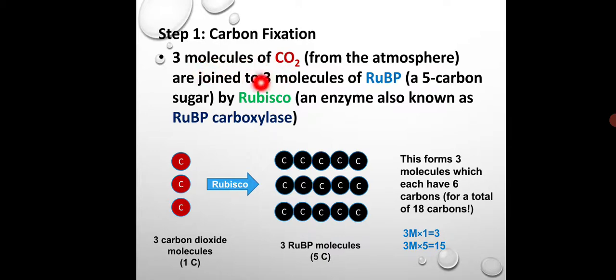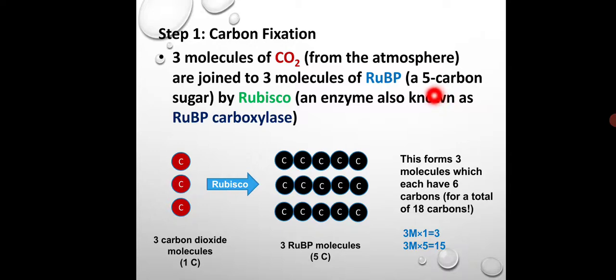These 3 molecules of carbon dioxide are combined with 3 molecules of RuBP. RuBP stands for ribulose 1,5 bisphosphate.